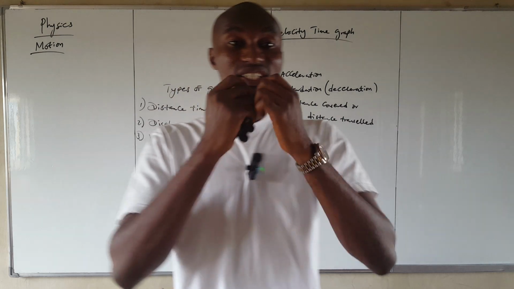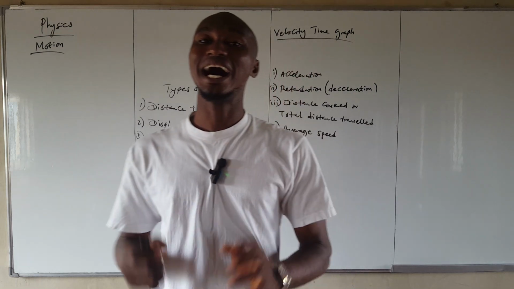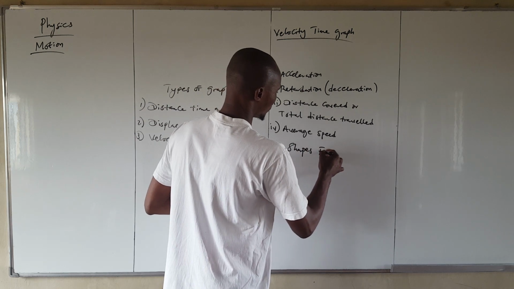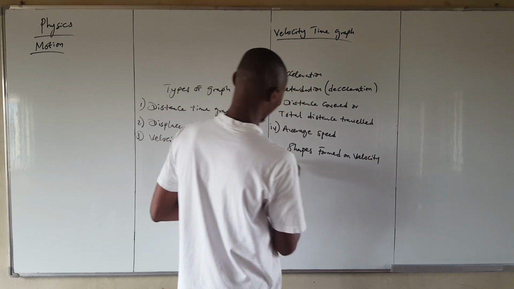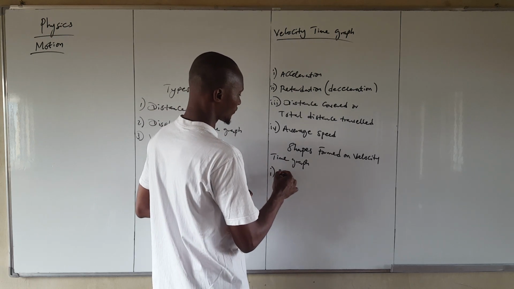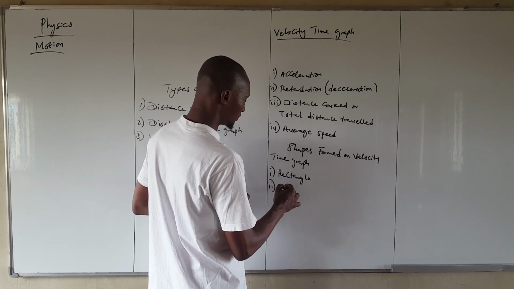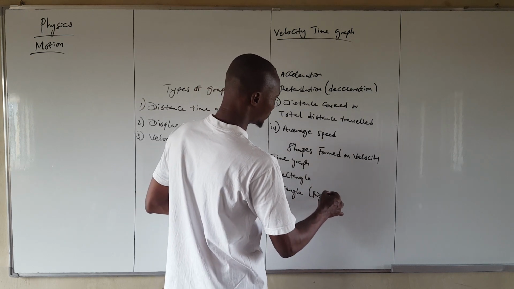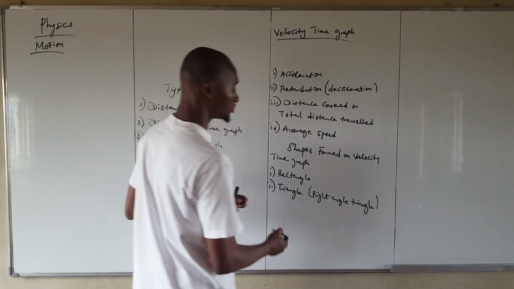The shapes formed on velocity time graph are rectangle, triangle, or what we call right angle triangle. But I believe you understood what I'm trying to say here.